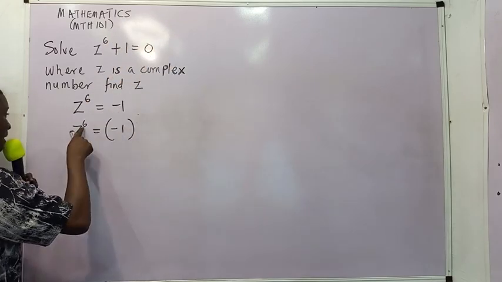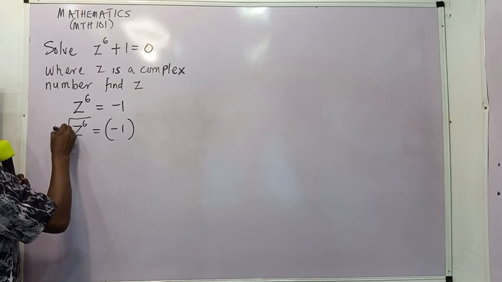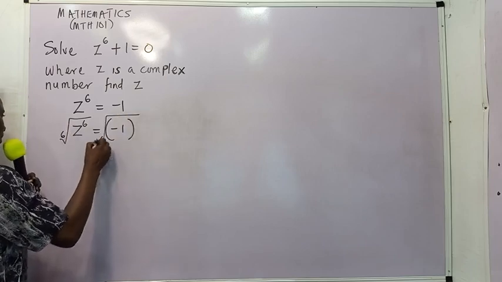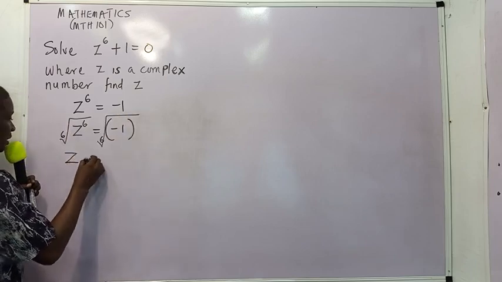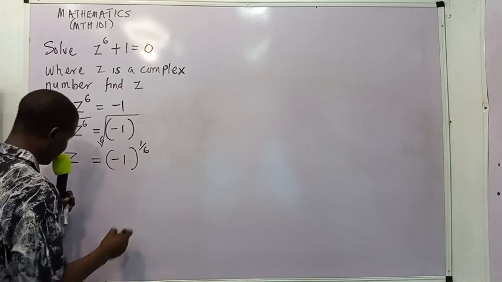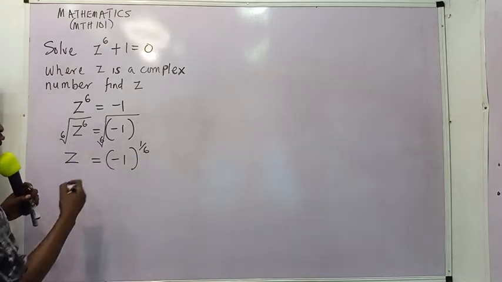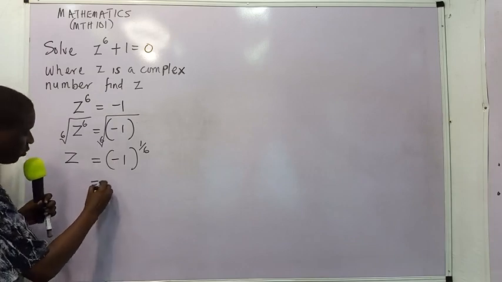Then, to make z stand alone, we take the 6th root of both sides. So I would have z equals minus 1 all raised to the power 1 over 6.